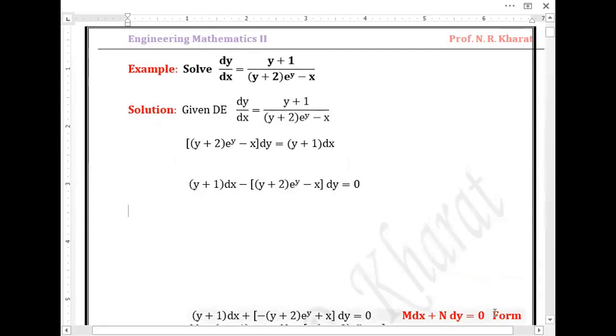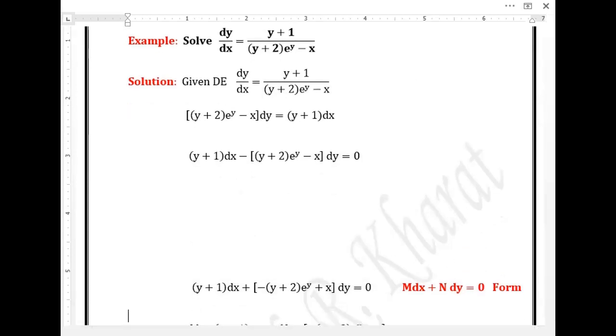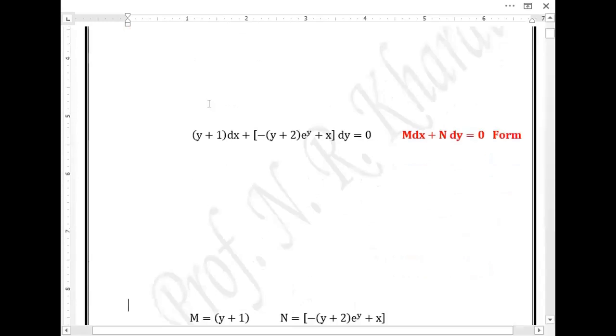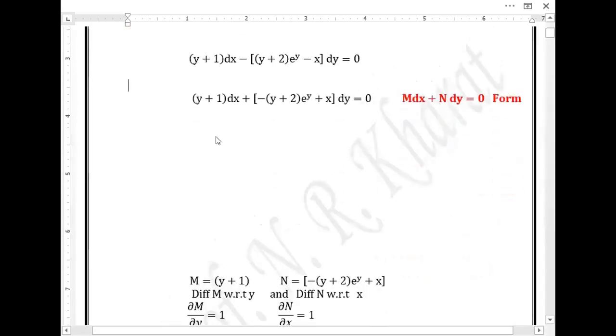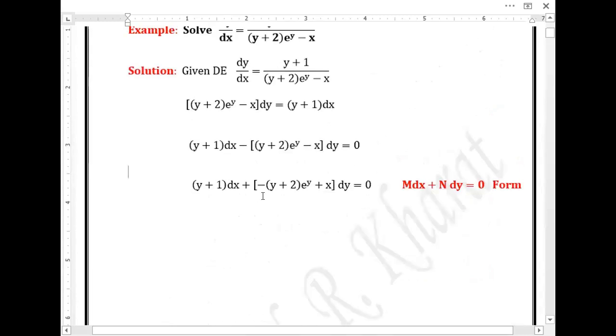In the next step, we rearrange the terms. The minus sign gets multiplied to the second term, so we multiply with the minus sign in the bracket. The y plus 2 becomes negative and the minus x becomes positive. So we get a differential equation in the form M dx plus N dy.